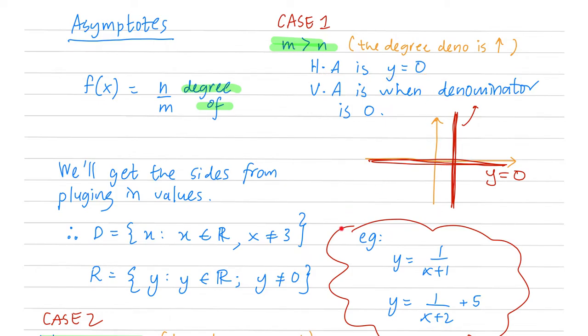So look at the example here. If we have a function 1 over x plus 1, the power of x is 1, and the numerator does not have x. So this is considered case 1, where the denominator's power is higher than the numerator's.